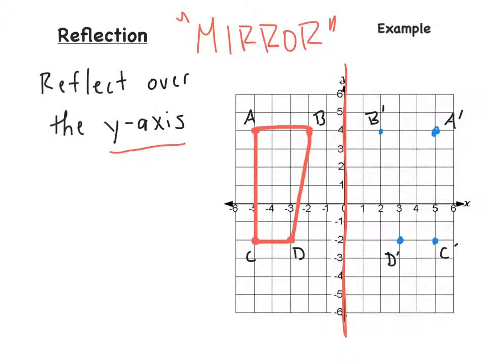So if we connect the figure, if we make a mirror right here, this figure A, B, C, D, and A prime, B prime, C prime, D prime, these are a reflection across the y-axis.